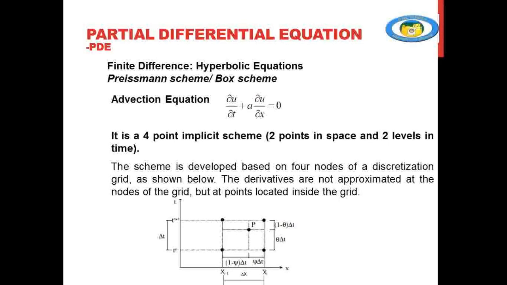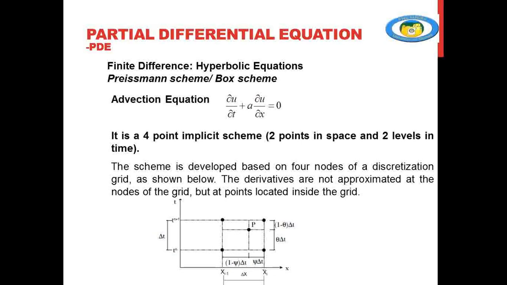So if this node, let's say P, is somewhere at a point along the temporal scale, theta times delta t, or somewhere along the x-axis, psi of delta x from the j's node, then you can find the weighted partial derivatives for each of the temporal derivatives and the spatial derivatives using the Preissmann scheme.